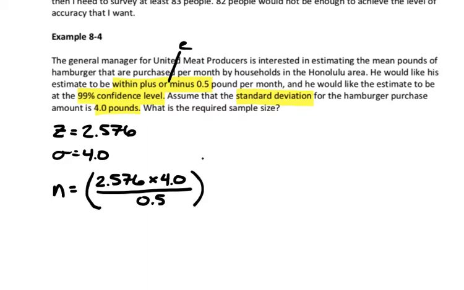And then I'm going to square that. So if I do this math inside the parentheses here, multiply 2.576 times 4 and then divide by 0.5, I get 20.608. And if I square that, I get 424.7.